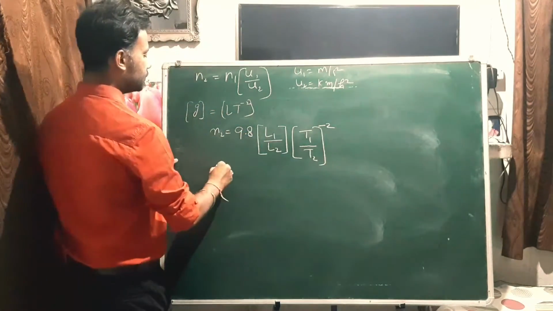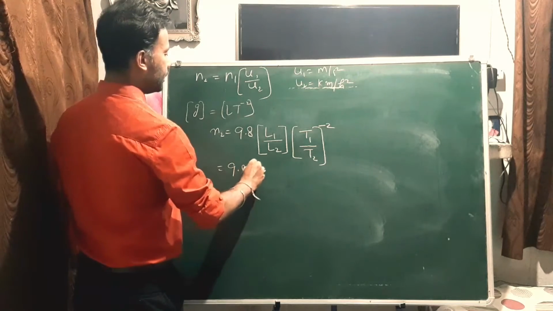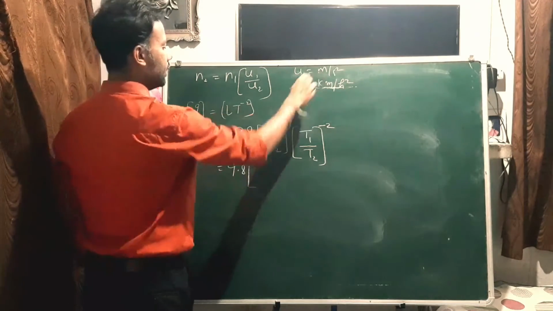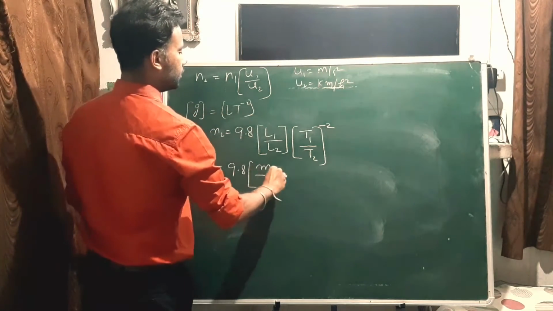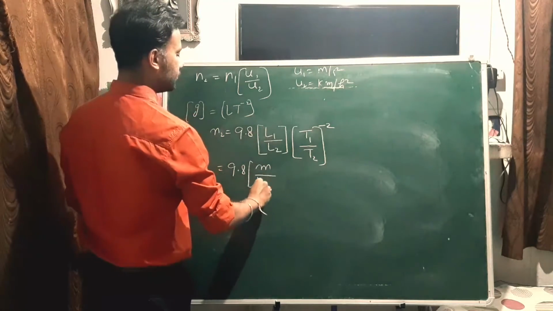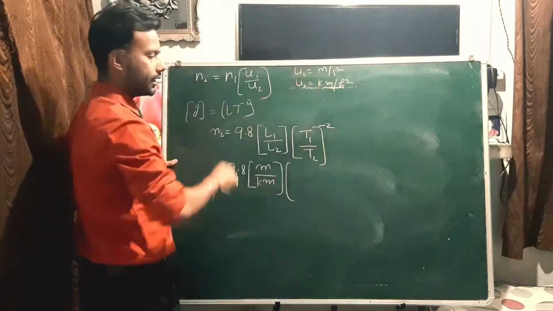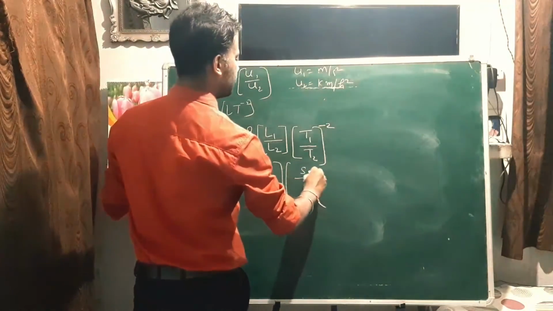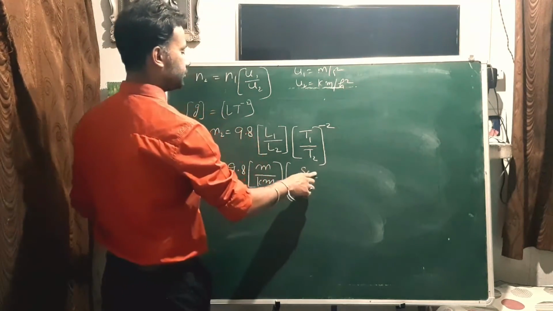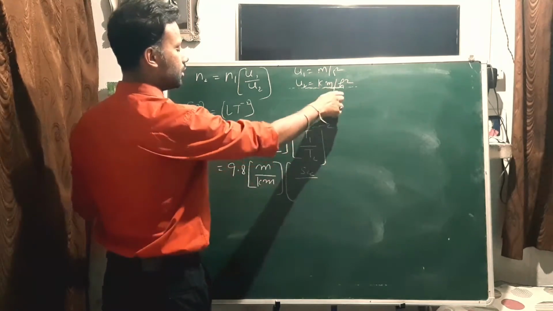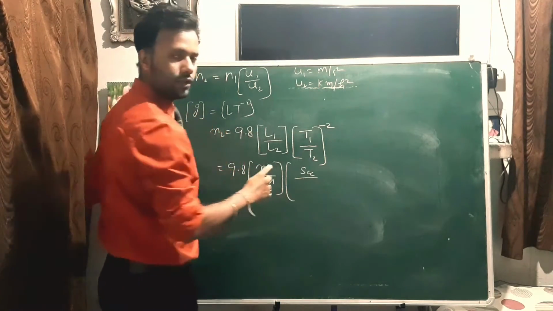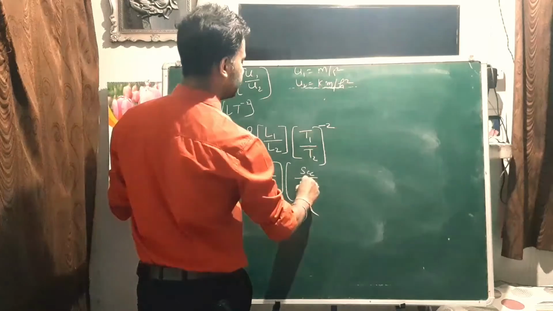Okay, so it is 9.8, L1 it is meter, L2 it is kilometer, T1 second, and T2 is hour.